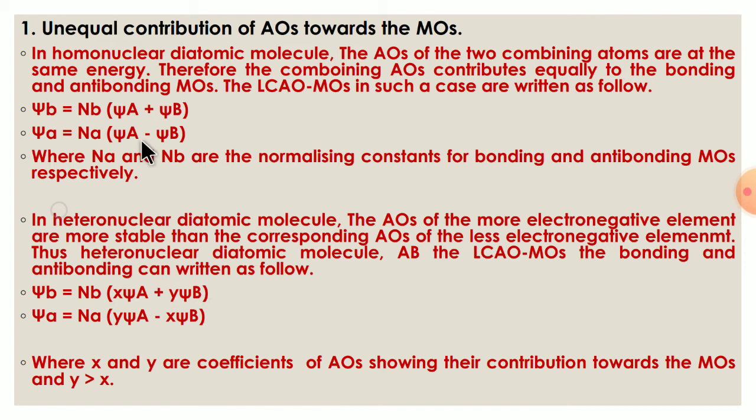The same equation is written here, but due to the heteronuclear diatomic molecule, X and Y coefficients are taken as atomic orbital contributions towards the molecular orbitals, where Y is greater than X.